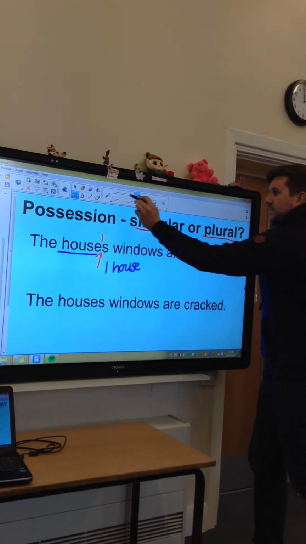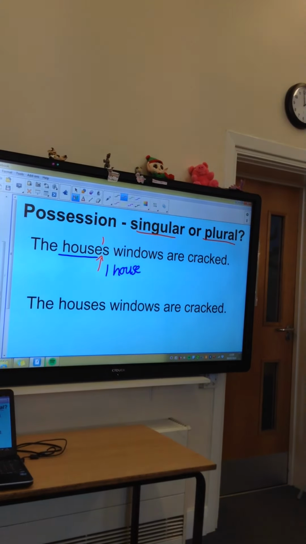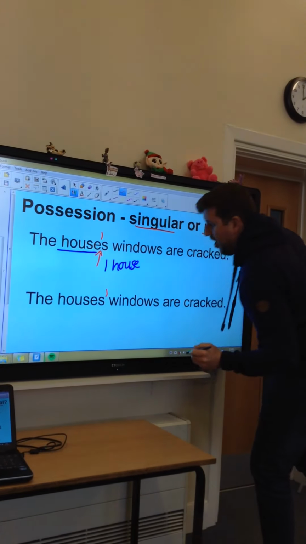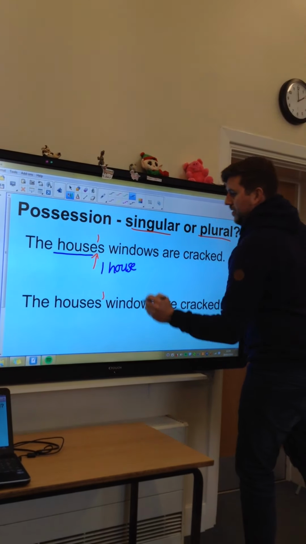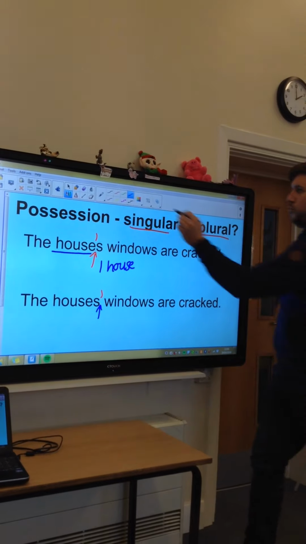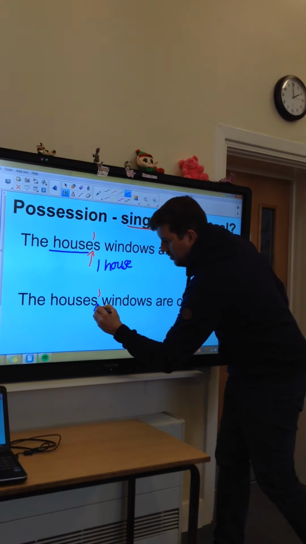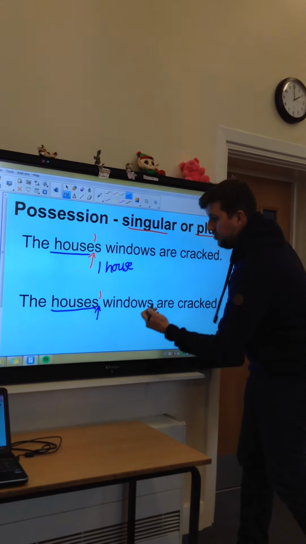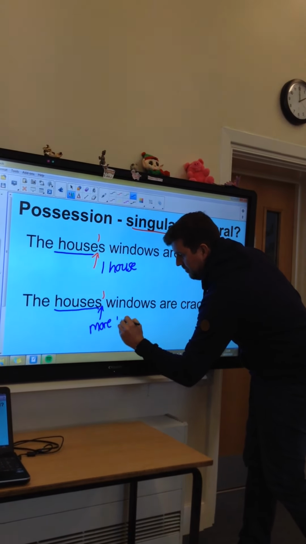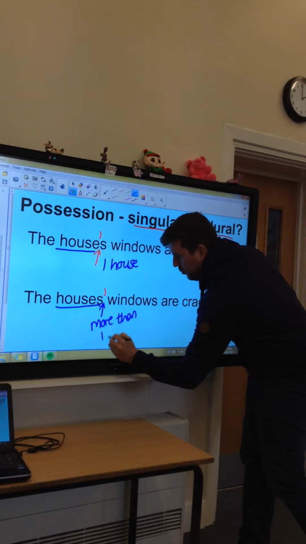However, in sentence number 2, the houses' windows are cracked, if we put the apostrophe here after the s, what does that tell us? There's not just one house anymore, it is lots of houses. So we could say that is more than one house.